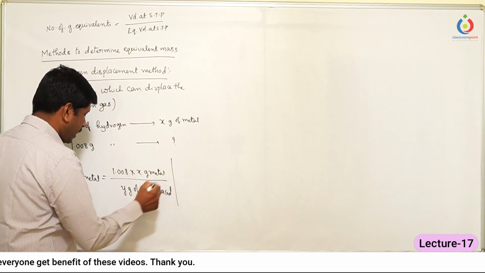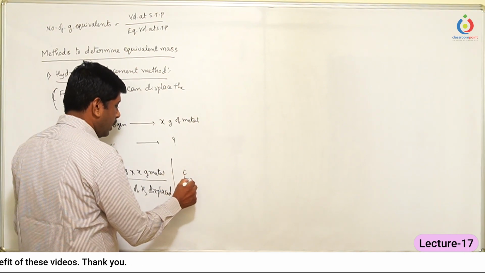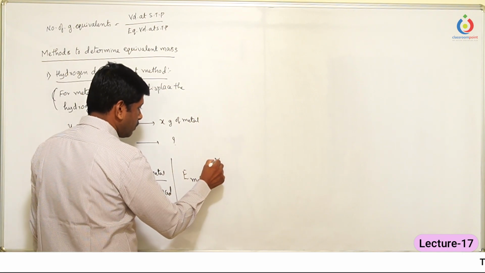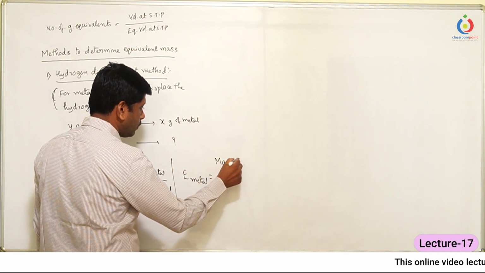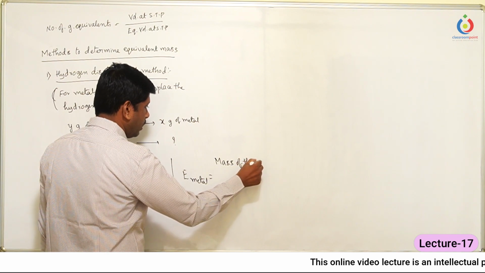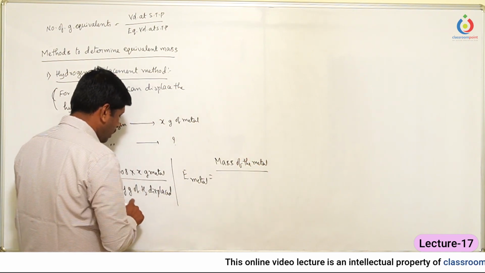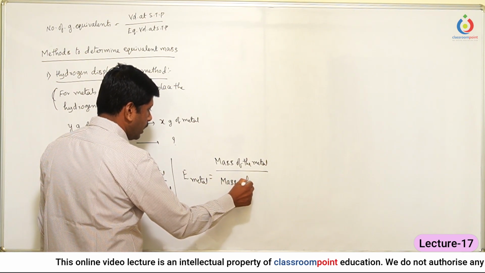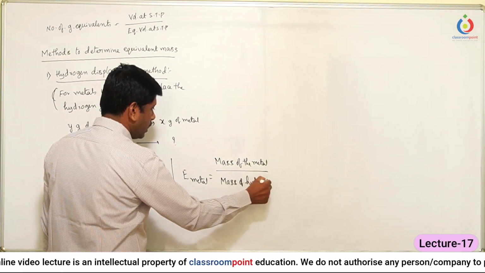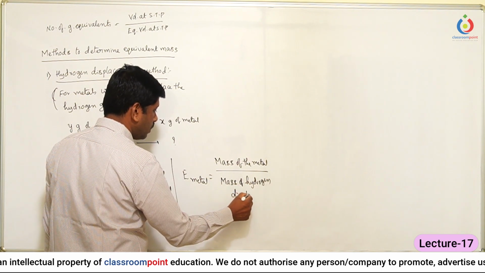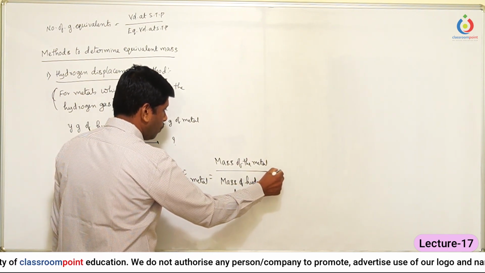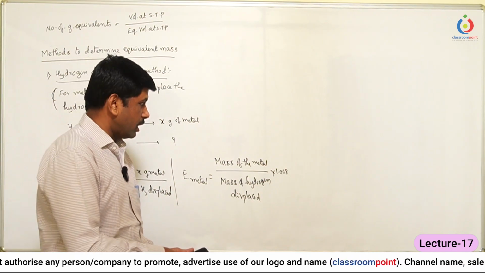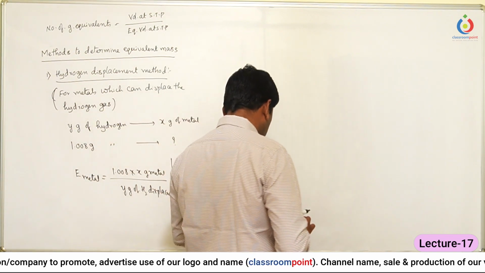Now the formula can be written clearly as: equivalent mass of the metal is equal to mass of the metal divided by mass of hydrogen displaced, into 1.008. Let us see some questions and how to solve them using this formula.